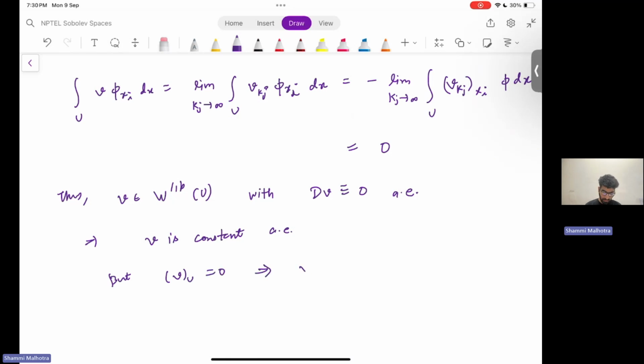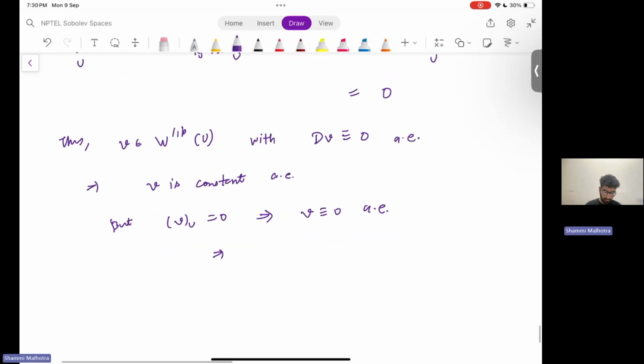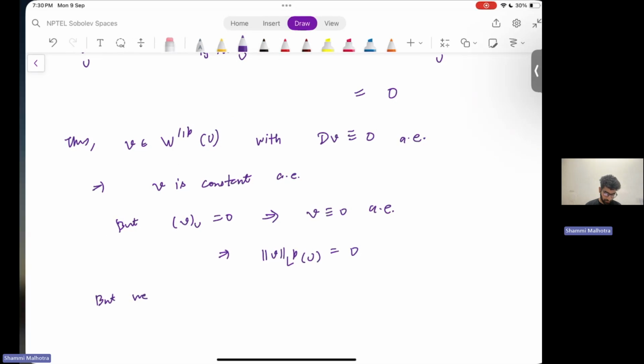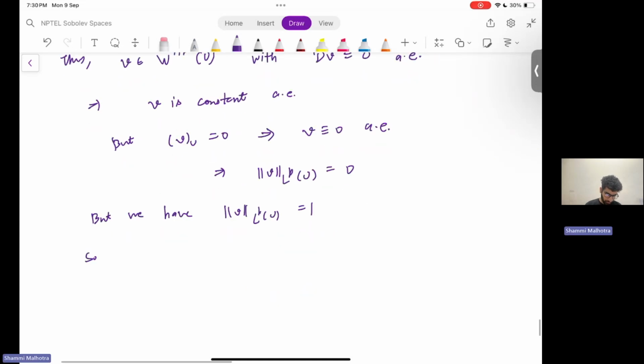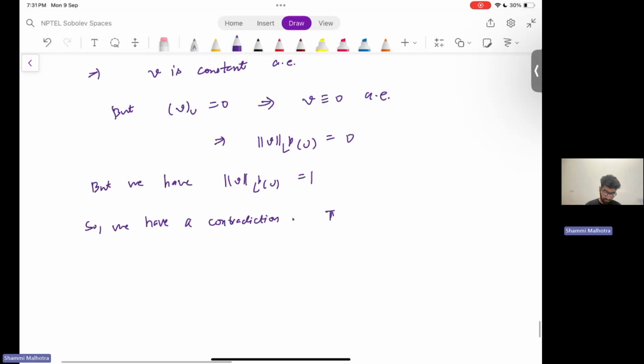That implies that v has to be identically equal to 0 almost everywhere. But this will imply that the L^p norm of v has to be equal to 0. But we have the L^p norm of v to be 1. So we have a contradiction, and thus we have the result.